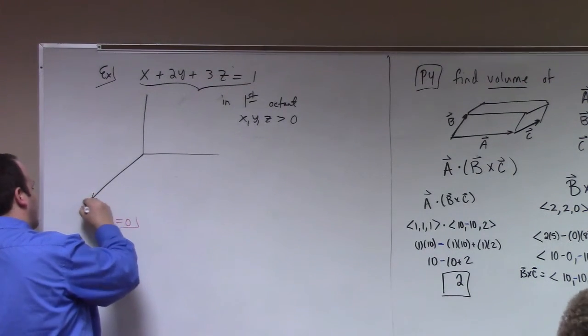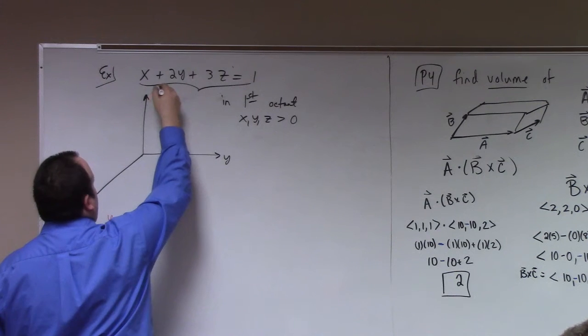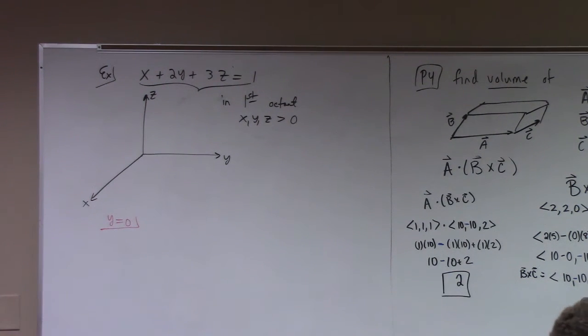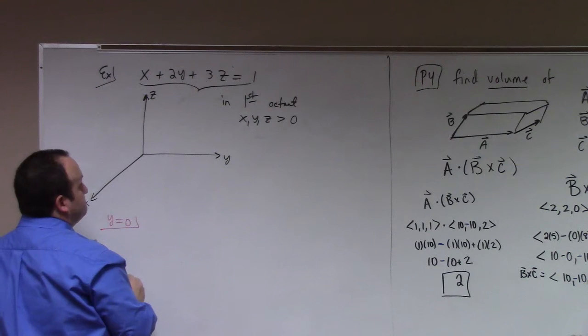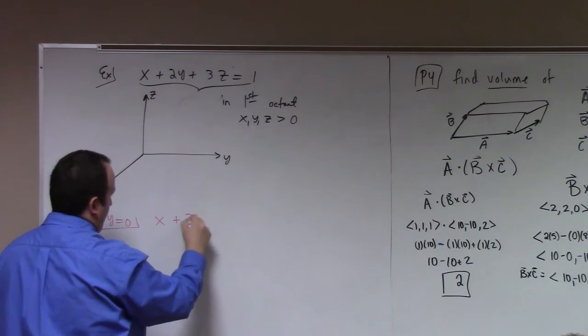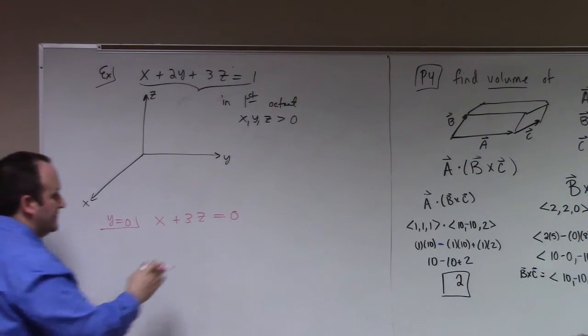The bigger idea I'm sharing with you is that to understand a surface, it's sometimes helpful to specialize to particular subsets of 3 dimensions to gain insight as to what it looks like, right? So with y equals 0, what happens to the equation of the plane? x plus 3z equals 1, yeah.